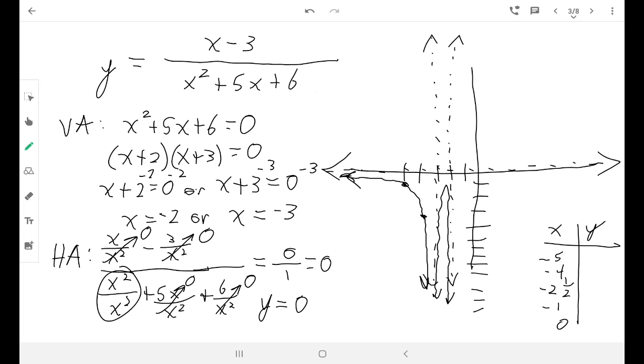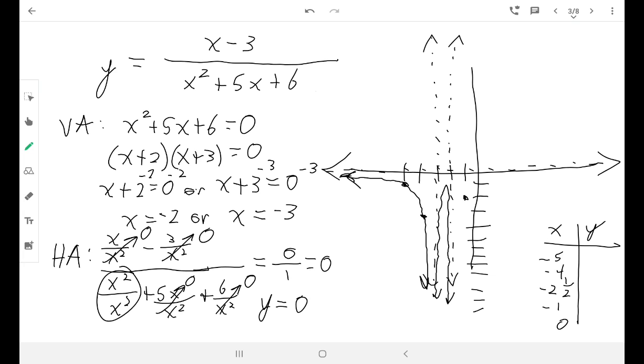Okay, and then if I do -1, that should be a much simpler thing. -1 minus 3 is -4. -1 squared is 1. So 1 minus 5 is -4. -4 plus 6 is 2. So -4/2 is -2.